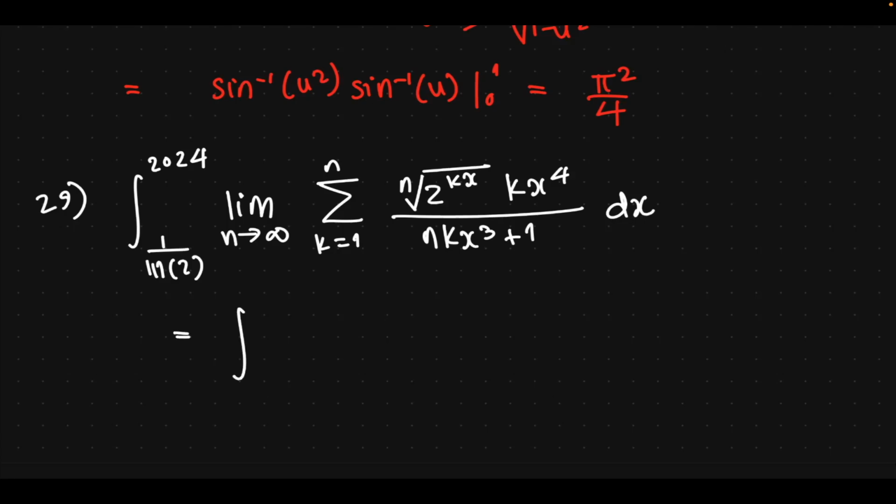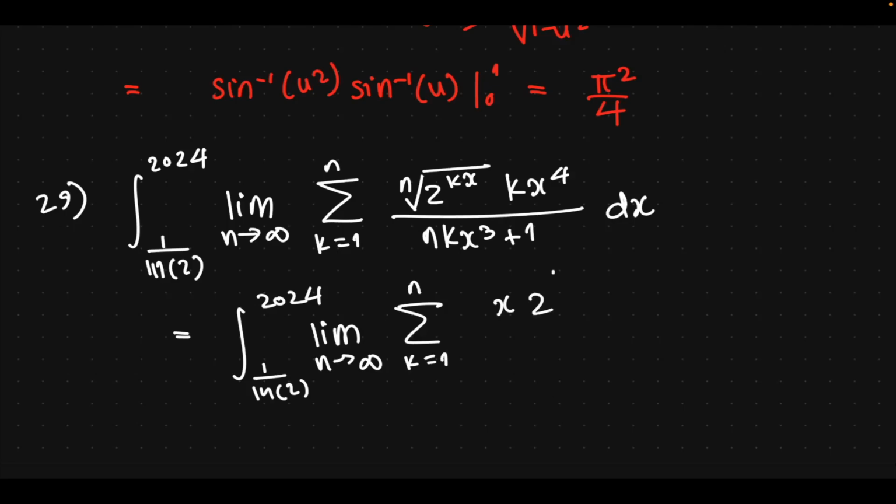First of all, we can rewrite this a little better. You can have x, 2 to the kx over n, over n plus, so I've multiplied and divided by x cubed in the numerator and denominator, k x cubed.